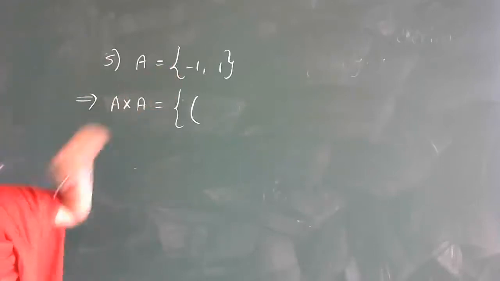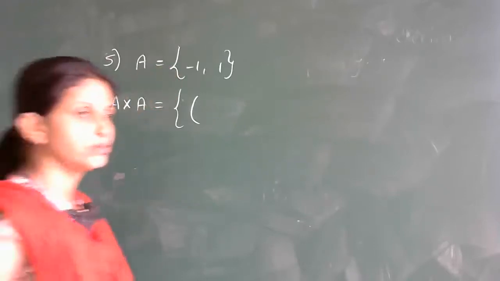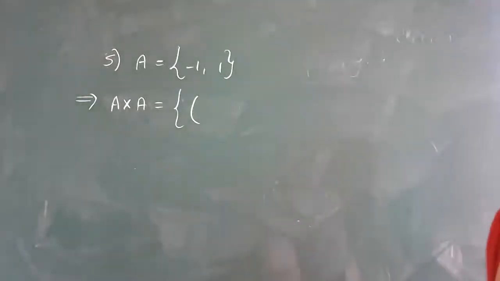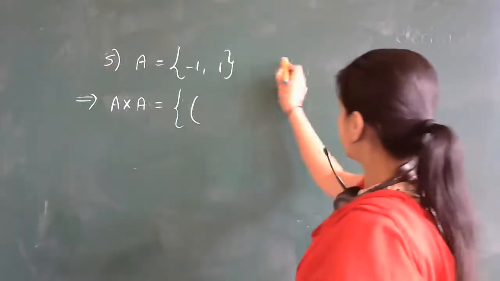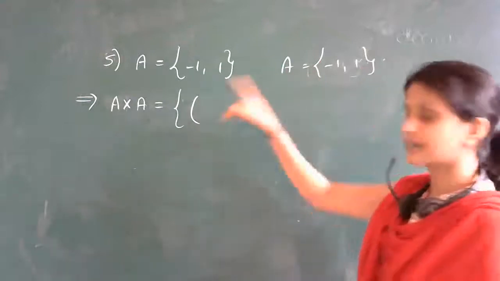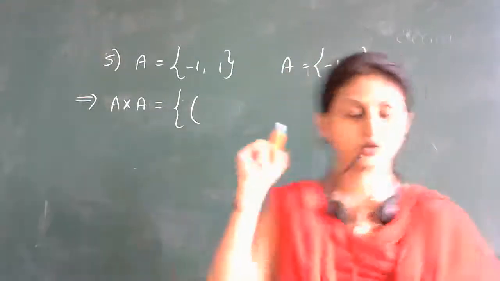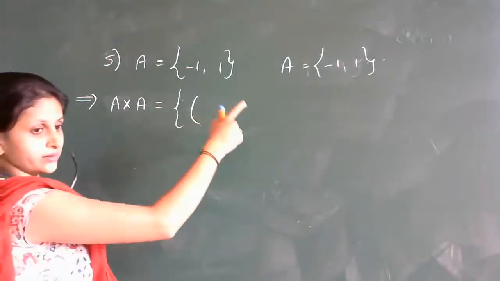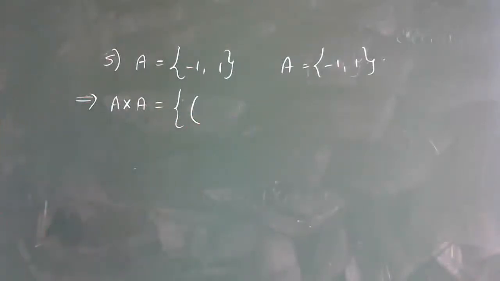Now tell me, what are those elements? Can you identify them? What are those 4 elements in the Cartesian product A cross A? See, again you are taking A equal to minus 1 comma 1. So the Cartesian product of these 2 sets, which are the same. Now let us write one ordered pair at a time.